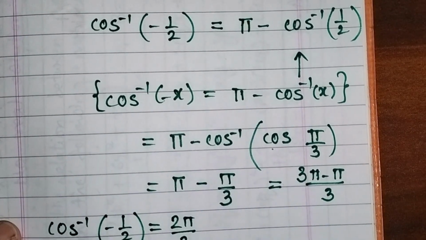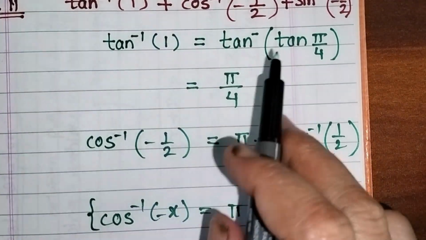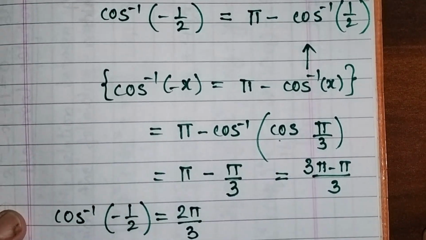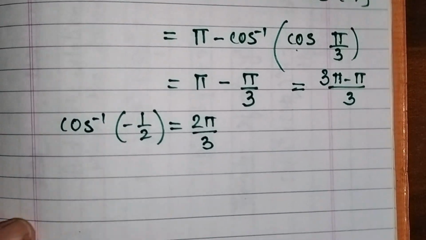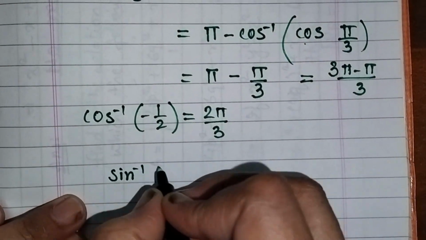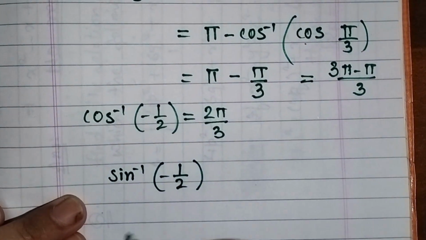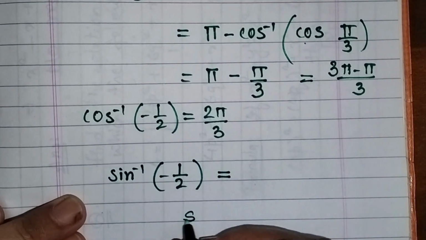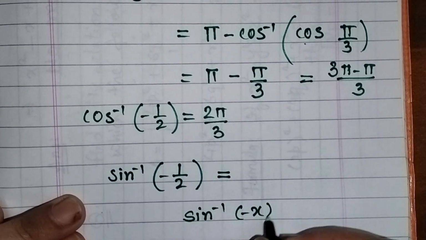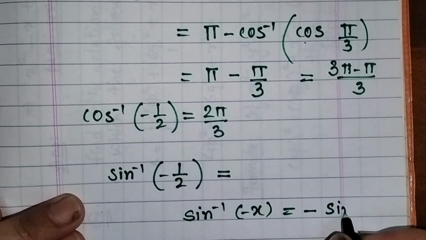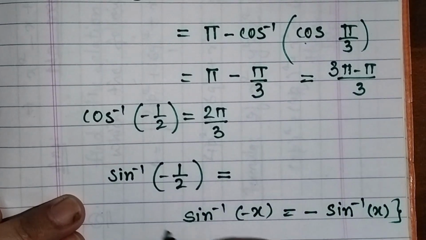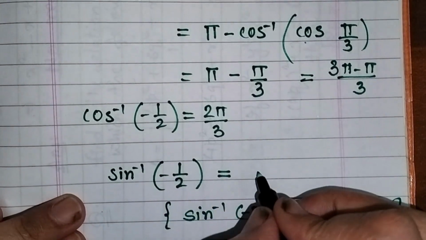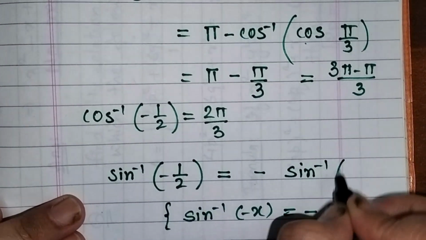Now let's take the last term, which is sine inverse minus half. Again we are going to use the formula that sine inverse of minus x is equal to minus of sine inverse x. So this becomes minus sine inverse of half.